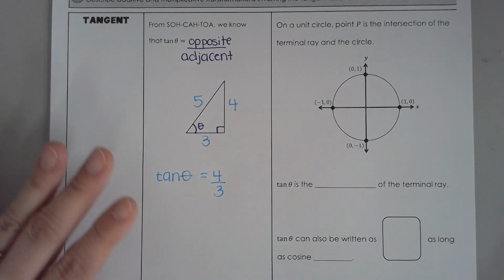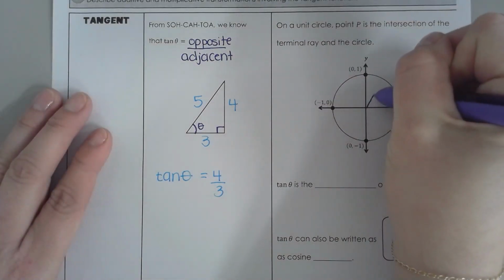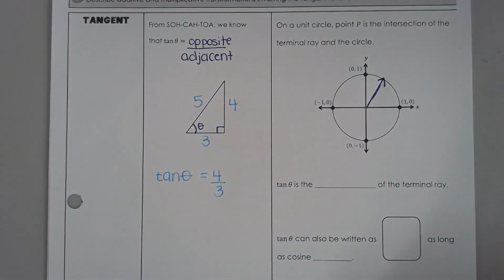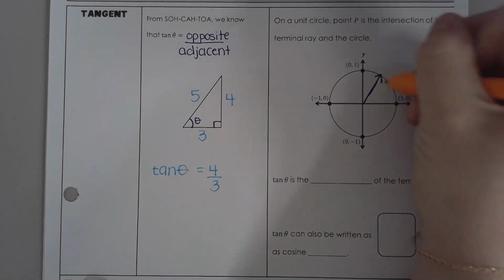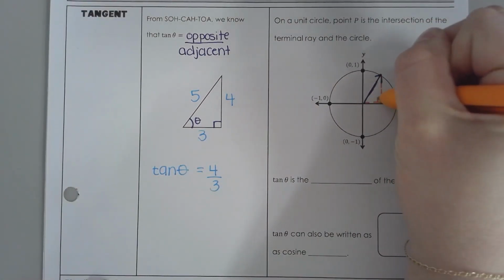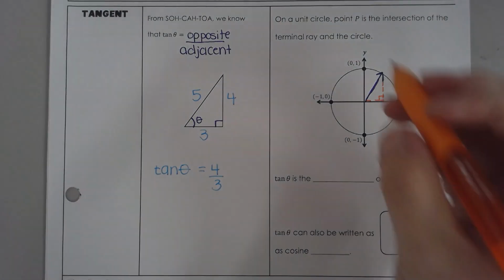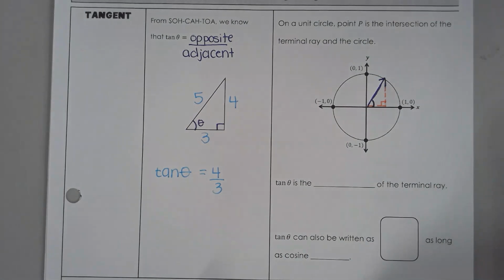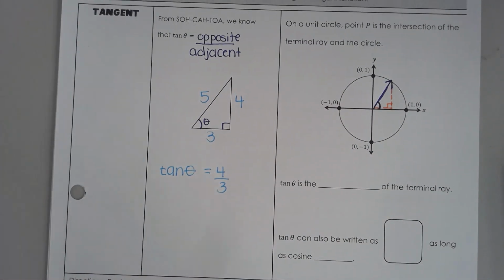So if I have, let's say this is my angle, my ray, I could make this a triangle. Let that be my angle. So the opposite side is this one going up and down.